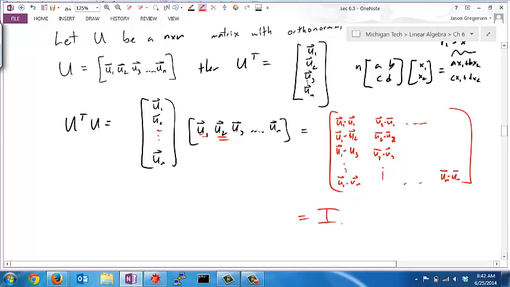Turns out for an n by n matrix, this is also true. So for an n by n matrix, U transpose actually has another name.